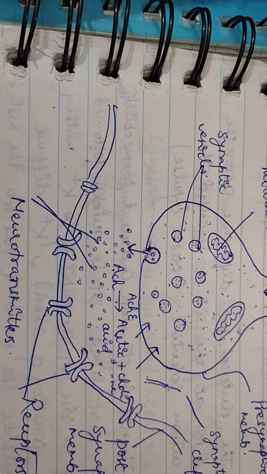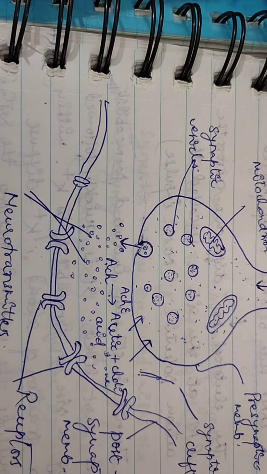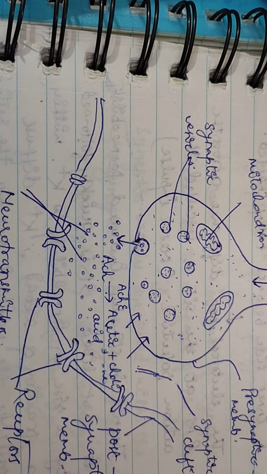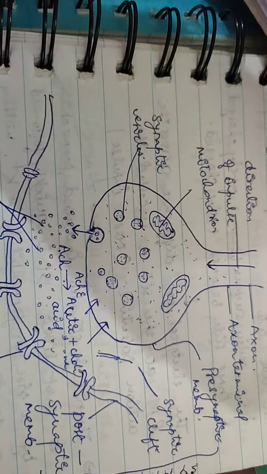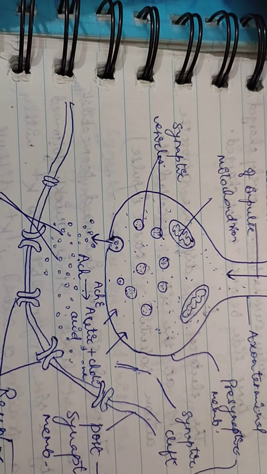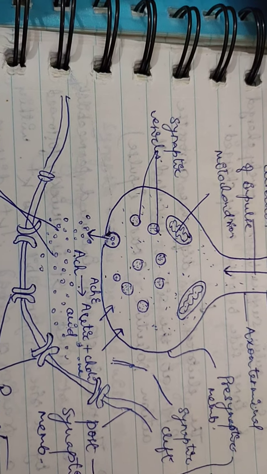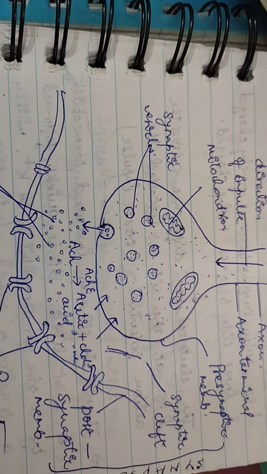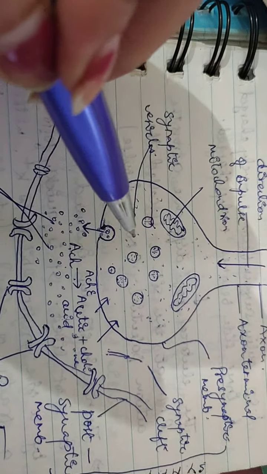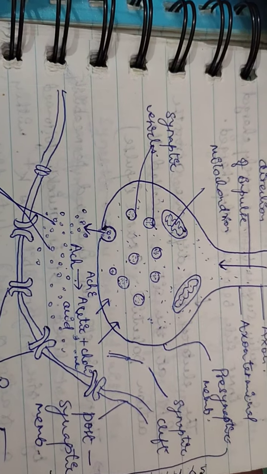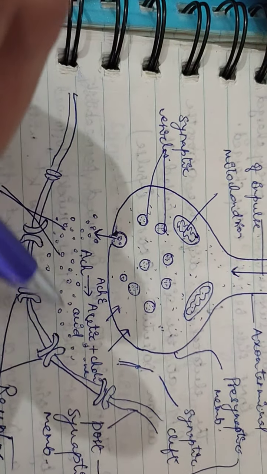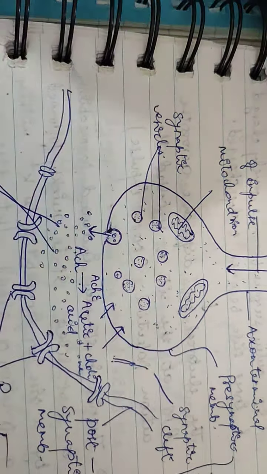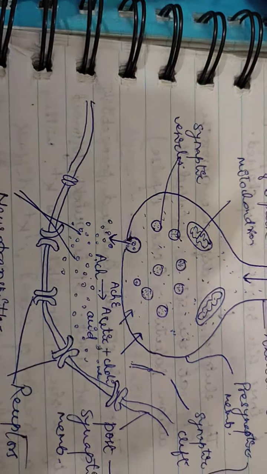A narrow fluid-filled space called synaptic cleft occurs between the two. As the impulse arrives, it reaches the presynaptic knob and stimulates the secretion or release of neurotransmitter into the cleft. This is the cleft area. Neurotransmitter molecules come in contact with the membrane of the postsynaptic depression.